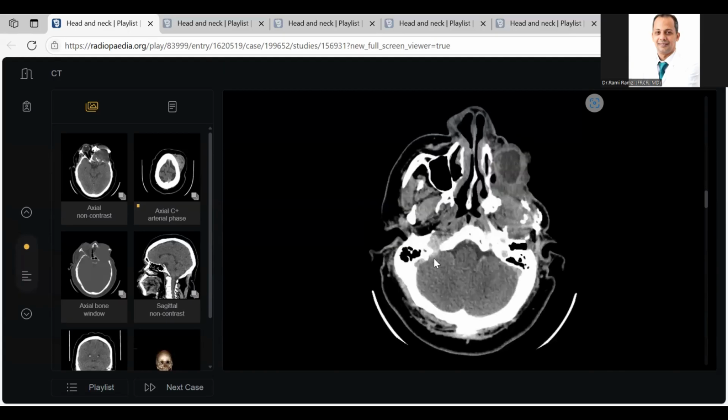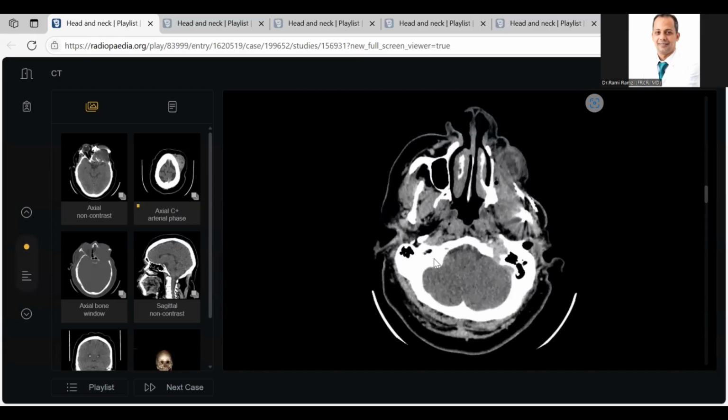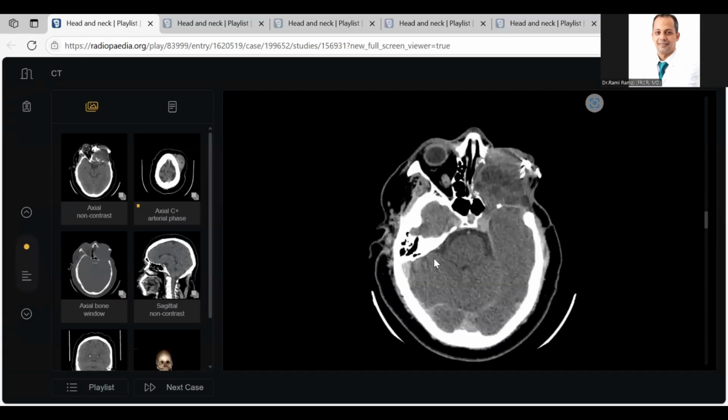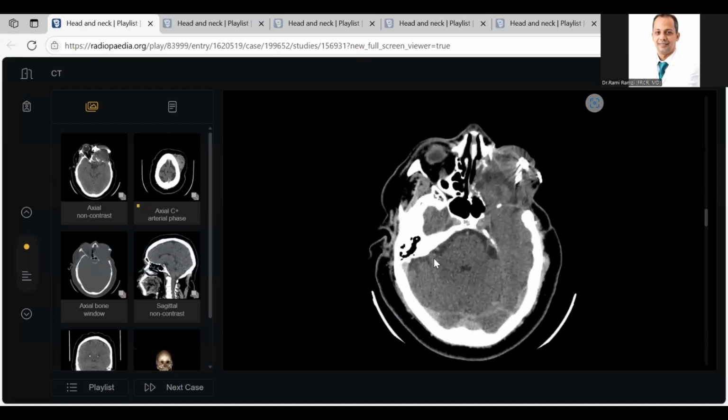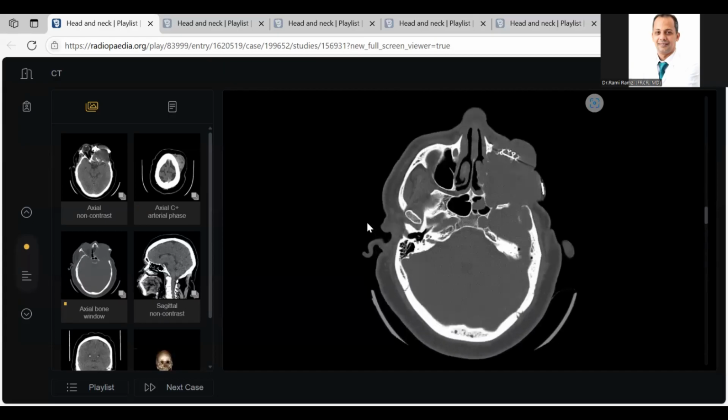I think it's displaced anteriorly and inferiorly. No, this is not the left eyeball. There are metallic artifacts, so I think this is a case of phthisis bulbi with some implant over there.